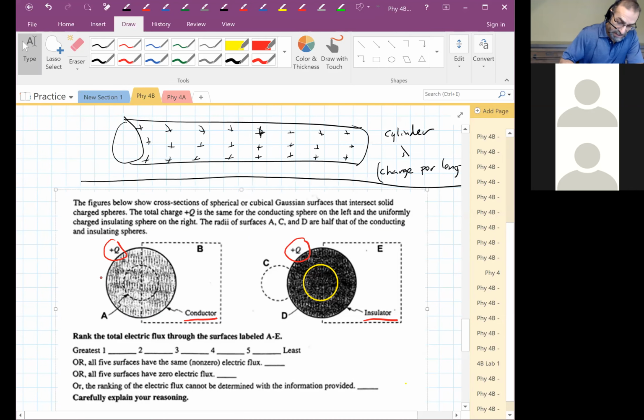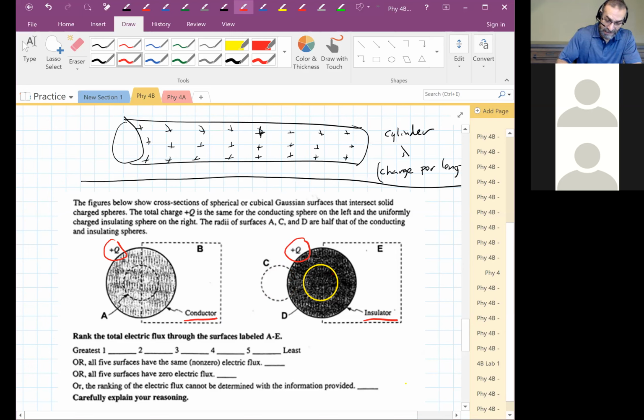A is this one here. B is this big square that cuts through half of our sphere. C is the same size as A, but it's over here just capturing a little bit of that sphere.